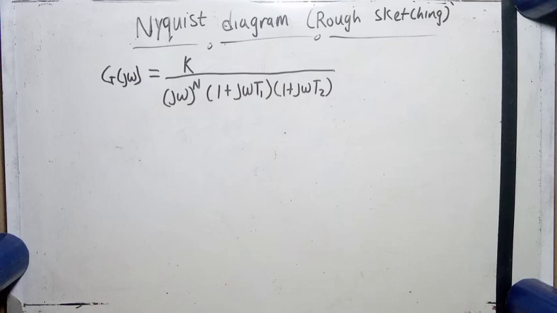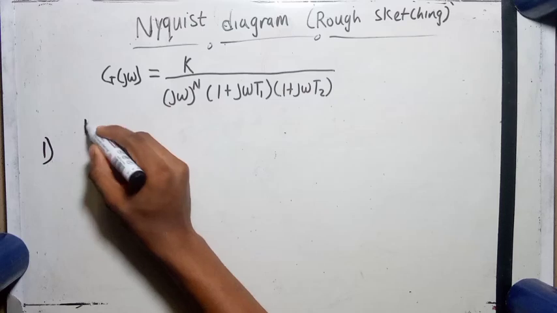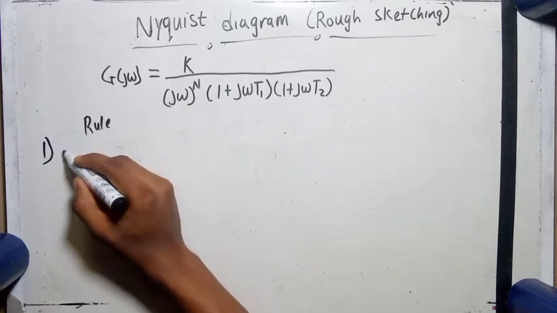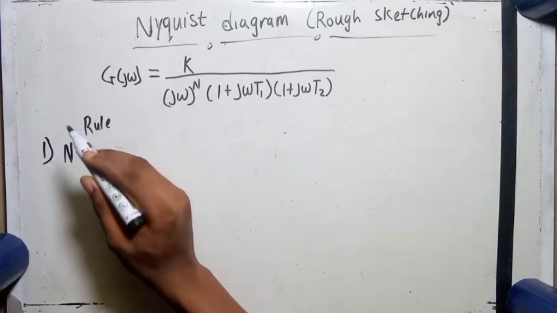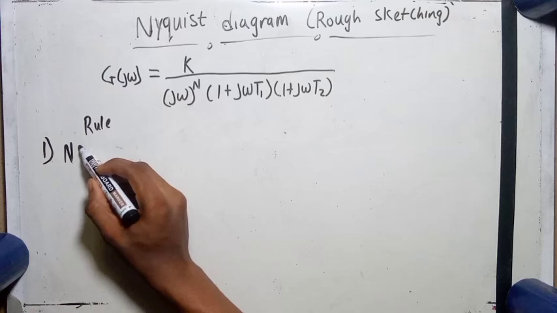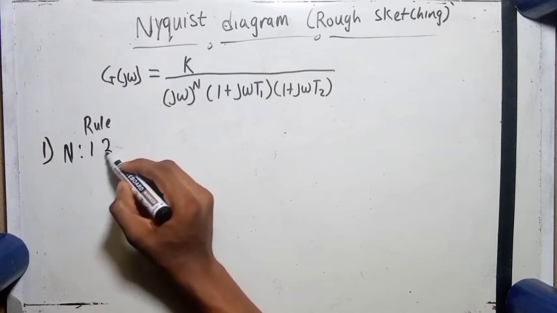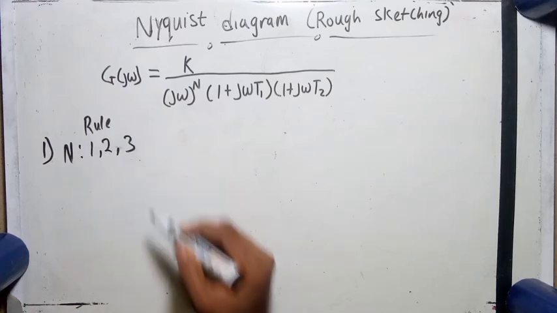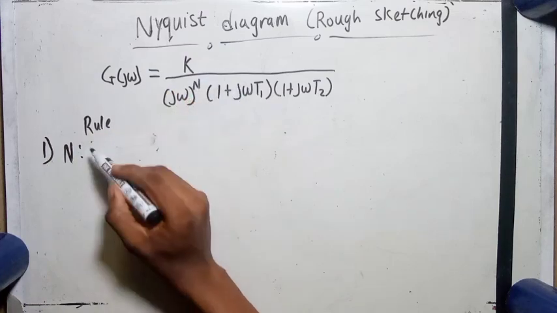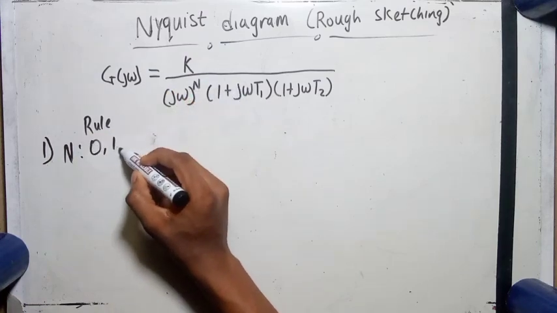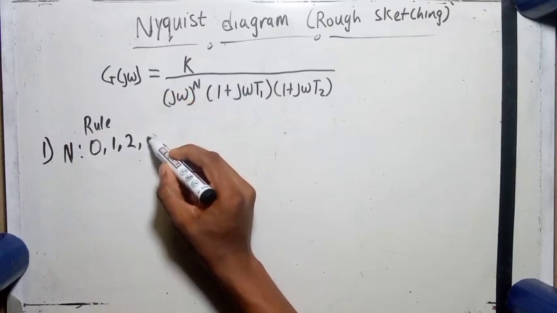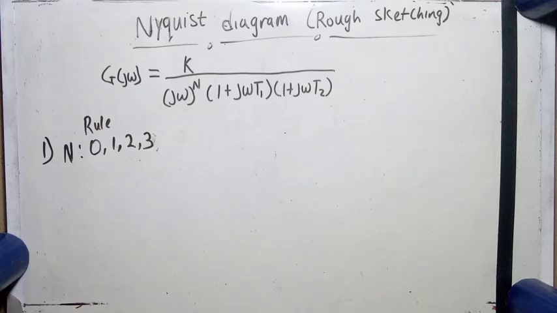Now, for us to draw this, the first law, or rule we follow, is first of all, you look at your n. Focus on your n now. Your n can be 0, 1, 2, and what? 3. 0, 1, 2, 3.